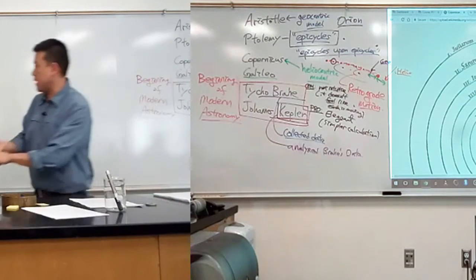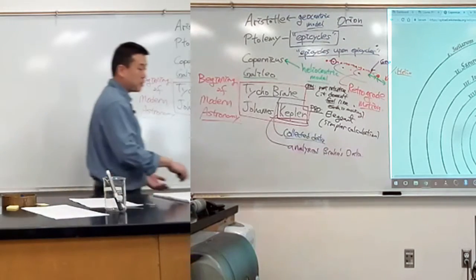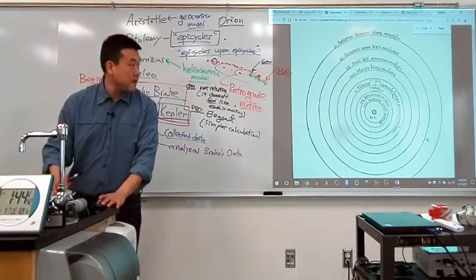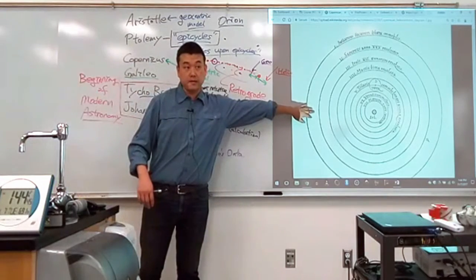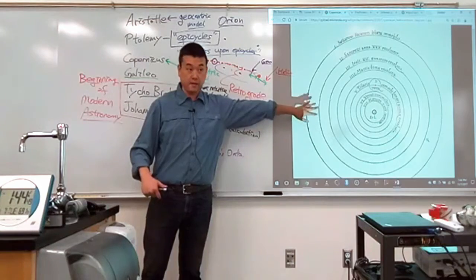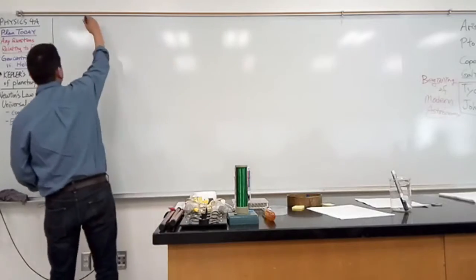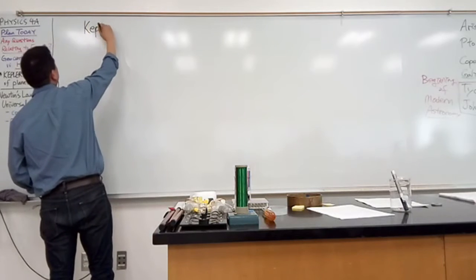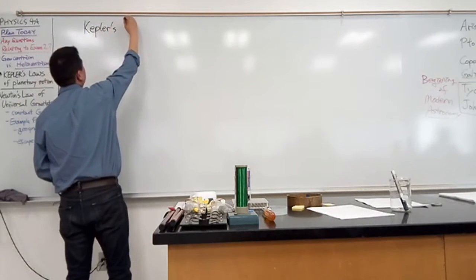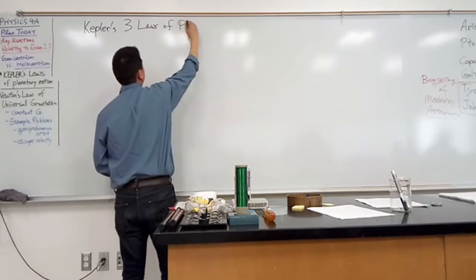But let me reserve some space here. Before we talk about those three laws of planetary motion, I want to spell out what kind of assumptions or laws seem to be in this model, so that it's clearer to everyone what we are correcting in the Copernican model. Kepler came up with these three laws, Kepler's three laws of planetary motion.